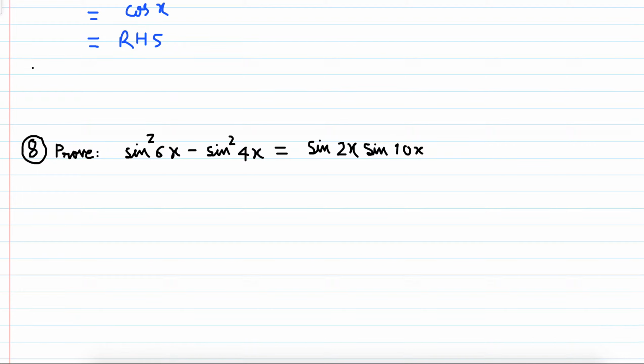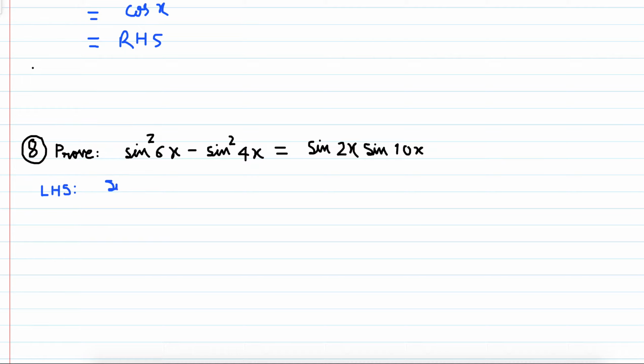So now this is our last question for today. This is sine square 6x minus sine square 4x. We know that a square minus b square is equal to a plus b multiplied by a minus b.